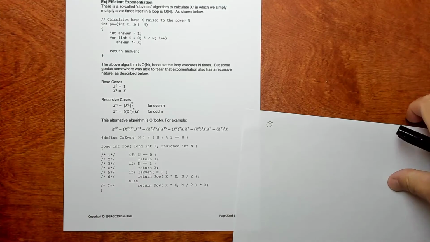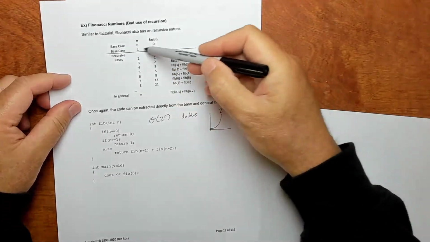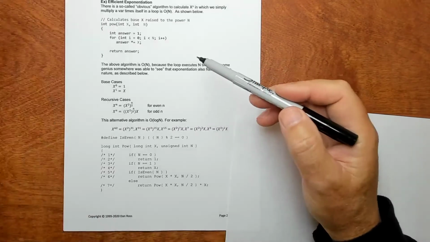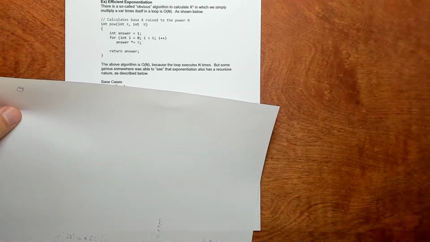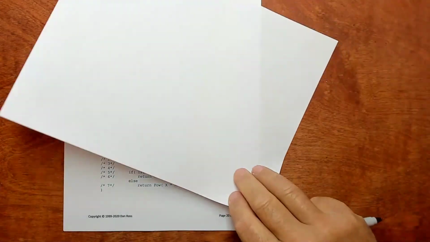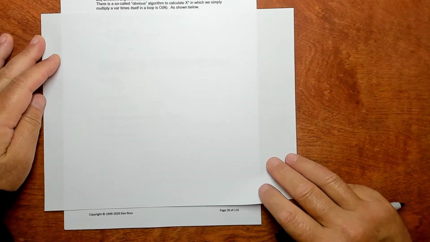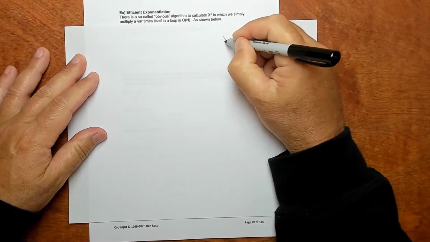Okay, so Fibonacci has a recursive nature to it, right? Let's look at exponentiation, just some number to some power. Let's say you wanted to calculate x to the n.